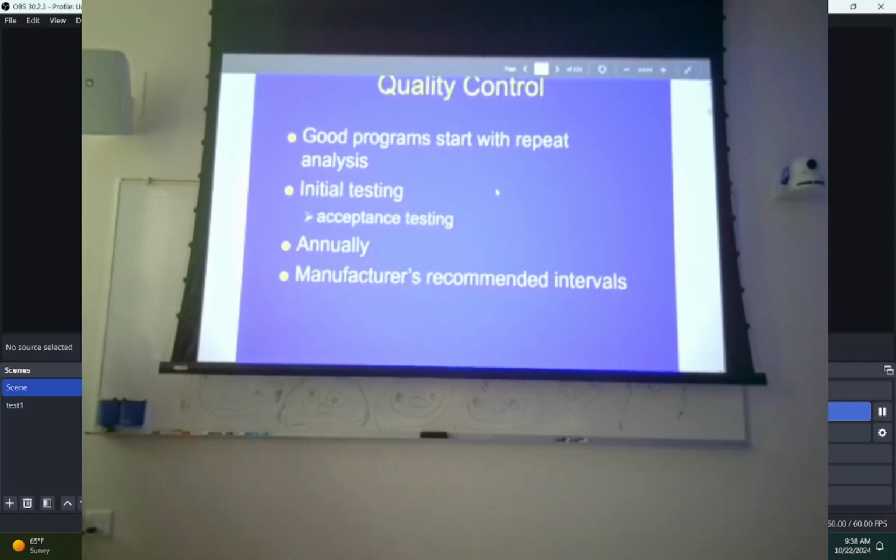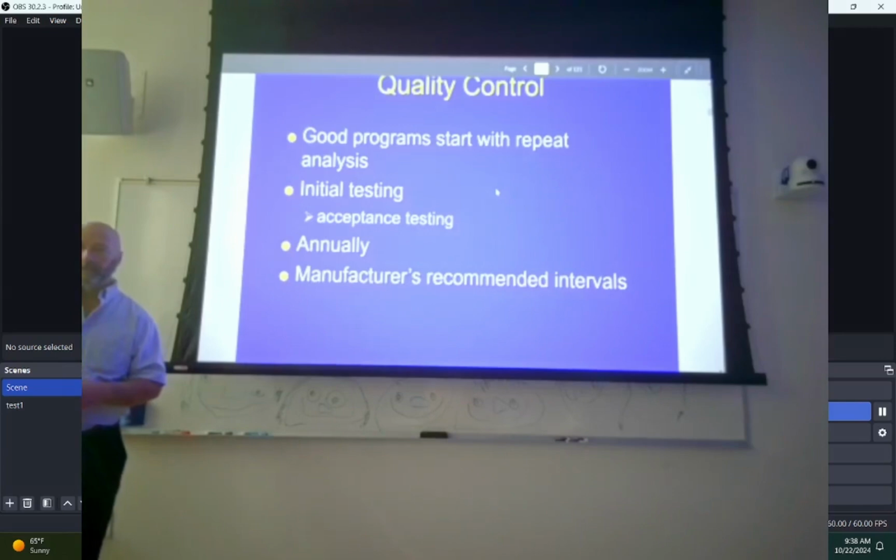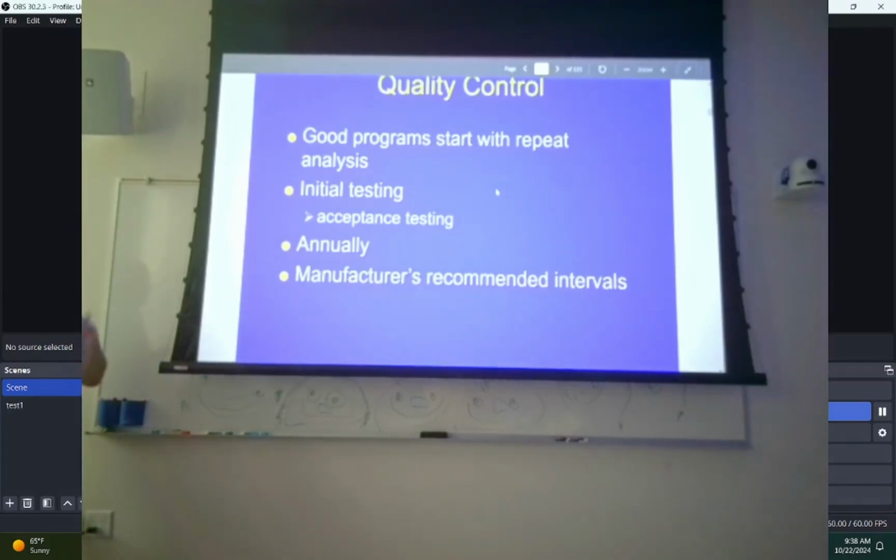The sticky thing here is, and you've probably seen this, what repeat analysis depends on is the integrity of the techs that are repeating the exams. Okay, so what happens in a lot of cases is you repeat an exam, and what happens to the image that wasn't any good? What should happen to the image that wasn't any good?